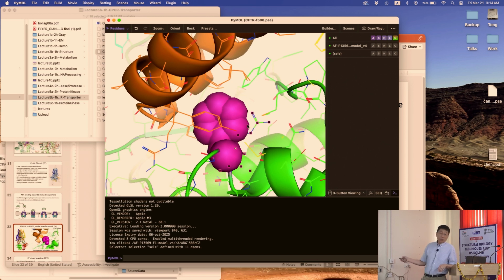As it happens, when you delete this phenylalanine, the next residue, 509, will take its place. 509 is a glycine, so it doesn't have any side chain. There's no way to compensate for this interaction. So you've messed up the hydrophobic core, this region, and that's why the system becomes destabilized. So that's the idea.